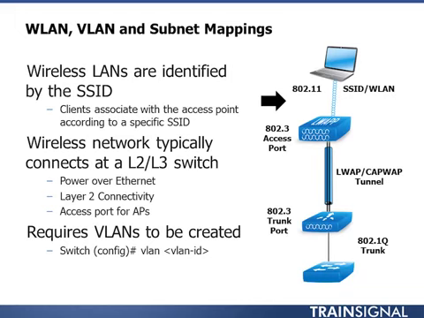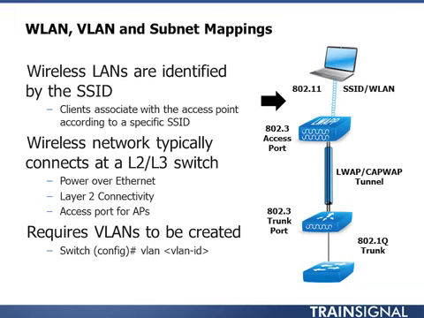Now that access point connects to a wired distribution network which consists of switches and other network nodes. And so the interface on the switch that the wireless access point is going to connect to needs to be configured as an access port. Now, an access port by definition only supports one VLAN.